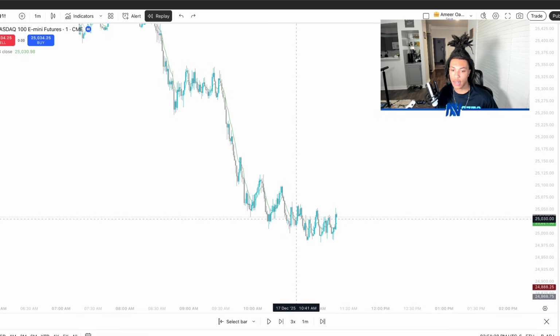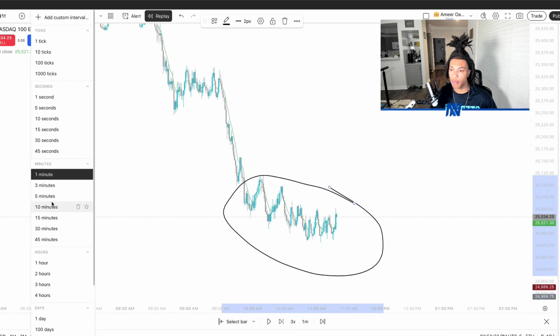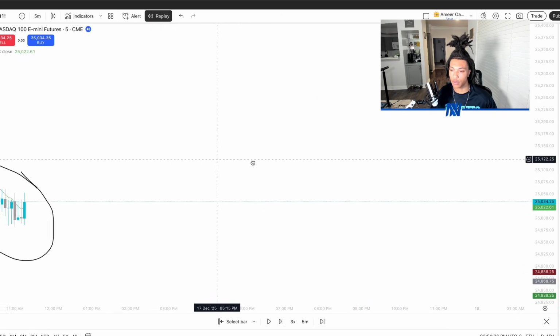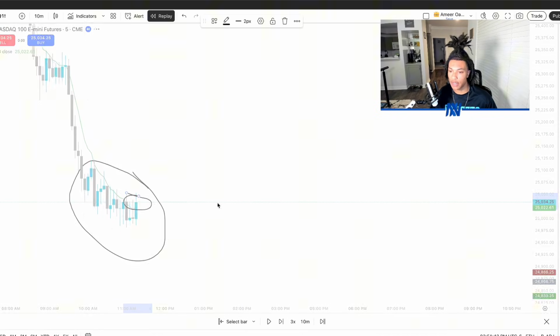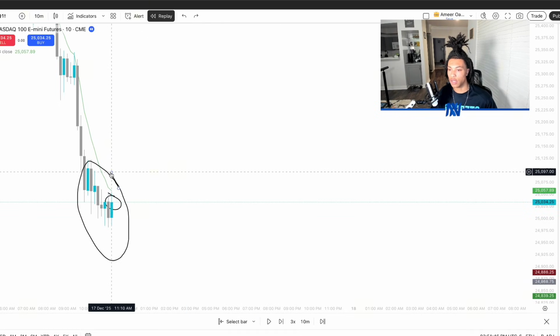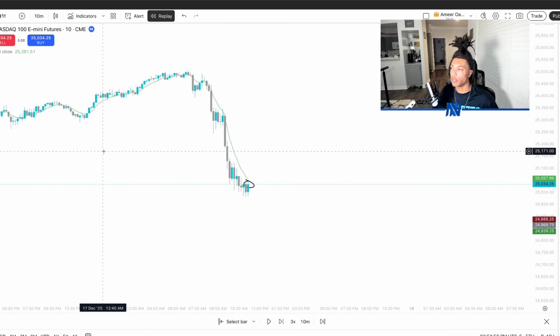Then just go to a higher time frame, and you'll see that price is respecting its 8 EMA, and we even have a break right here. But if we go to an even higher time frame, let's say the 10-minute, we'll see even more respect on this 8 EMA. So it's a very great strategy to trade, and you can find numerous entries.